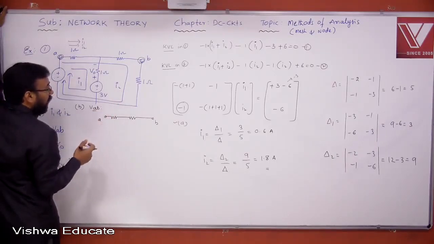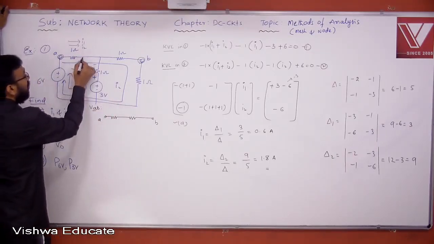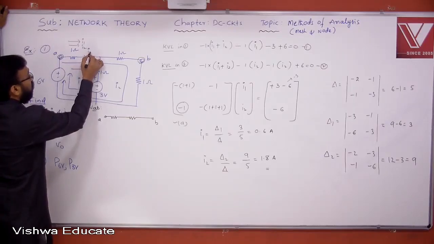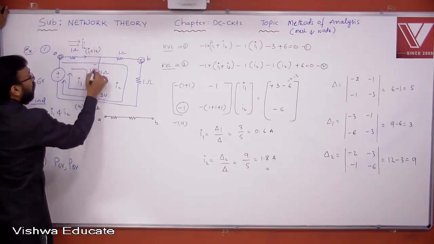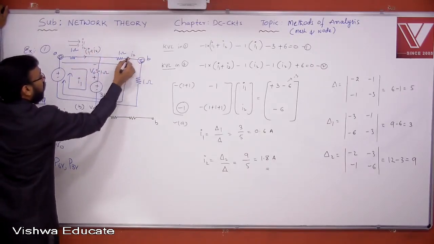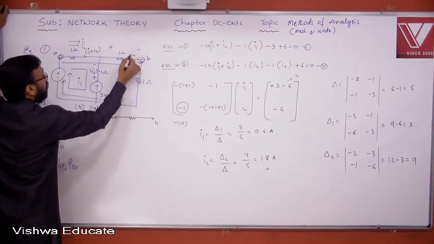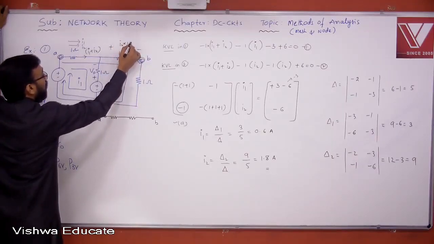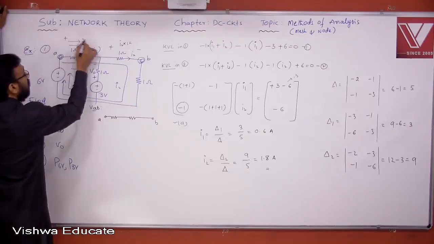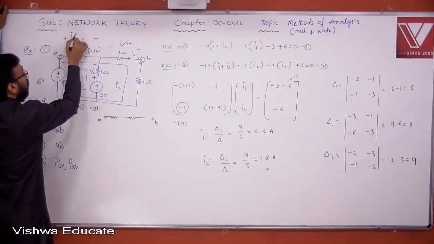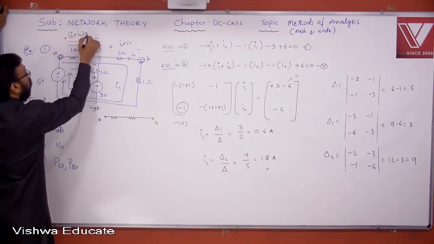What is that voltage you need to find? Now, what is the current flowing here? I1 plus I2. What is the current flowing here? I2. What is the voltage across this element? I2 into 1. Yes or no? What is the voltage across this? I1 plus I2 into 1.